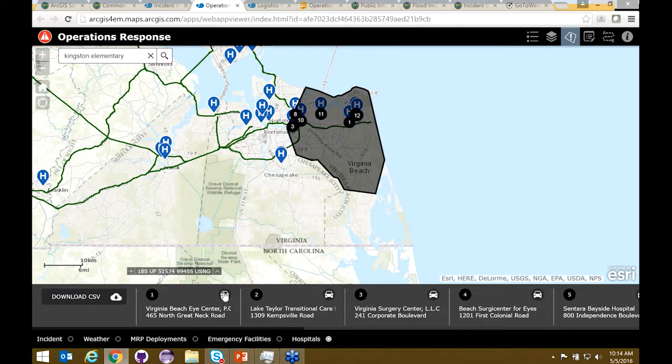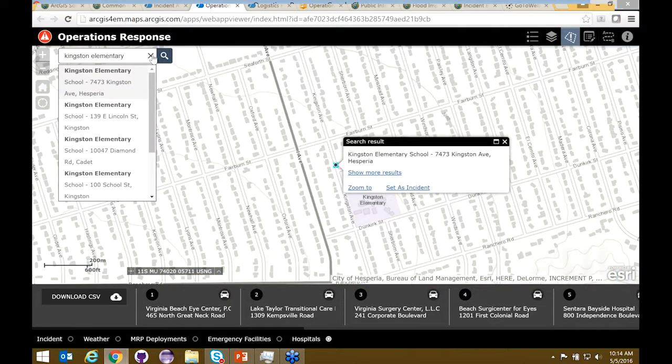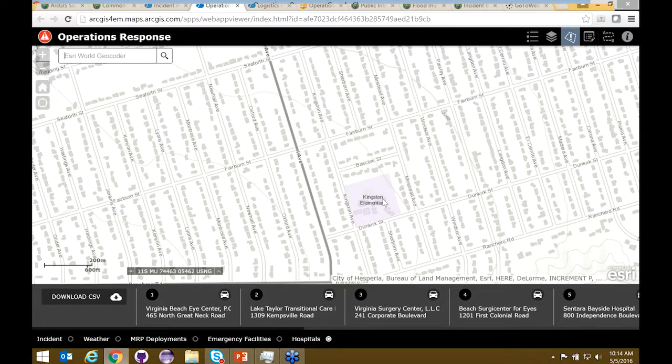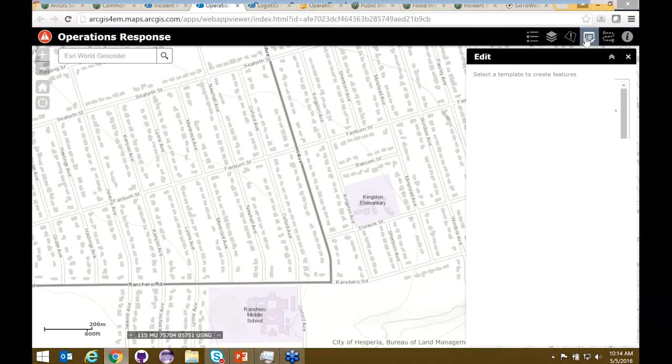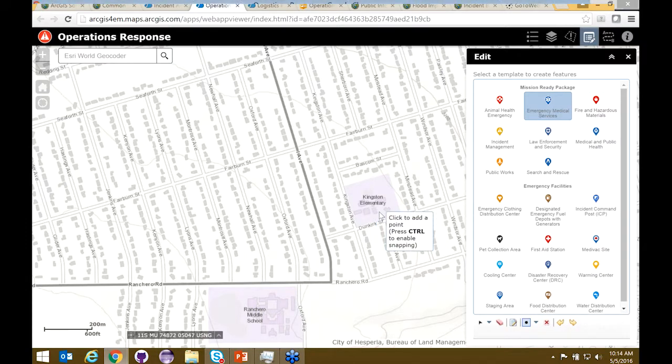So if we wanted to look at a particular location that we wanted to actually allocate resources to, in this case it happens to be Kingston Elementary School, we can come in and begin to interactively allocate resources to the area as we understand we need them. So I'm going to provide an emergency medical services mission-ready package at the site of this elementary school.